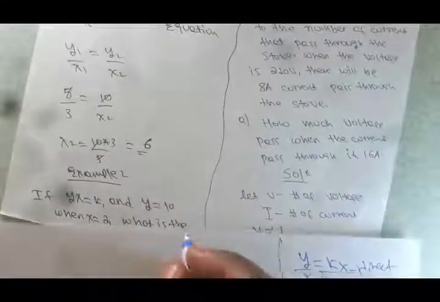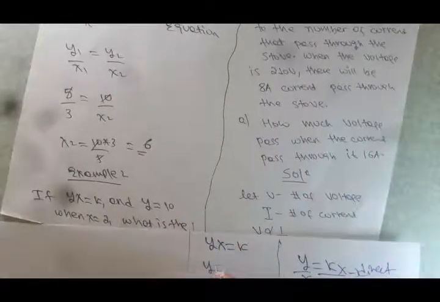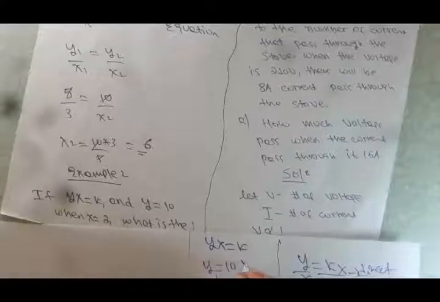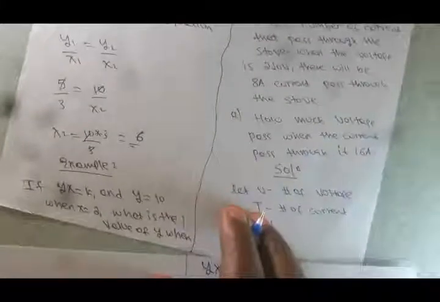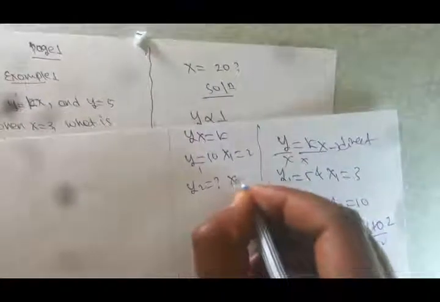And example 2 is given by: if yx is k, and y1 is 10 when x1 is 2, what is the value of y2? We are asked to find y2 when x2 equals 20.